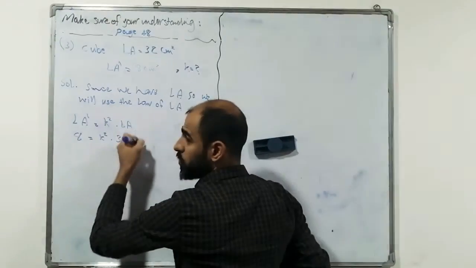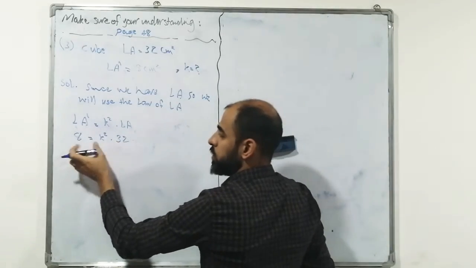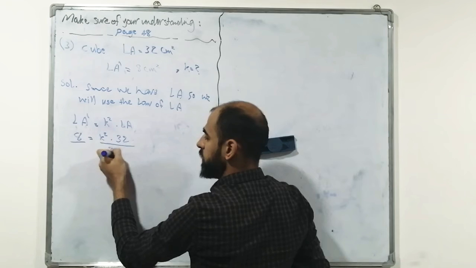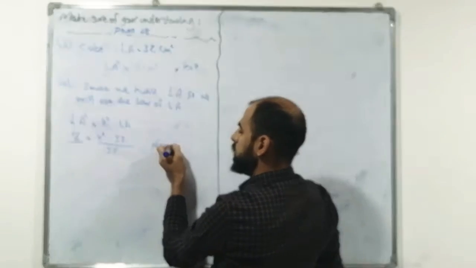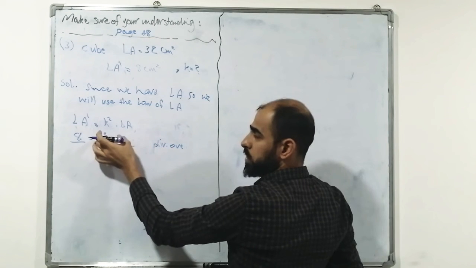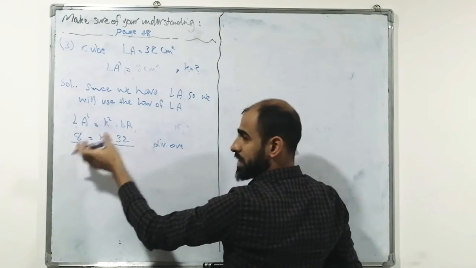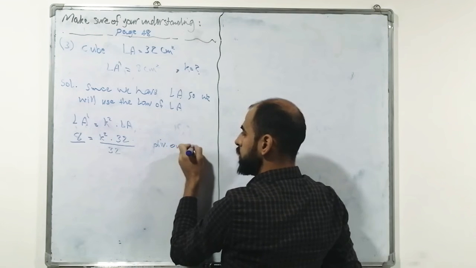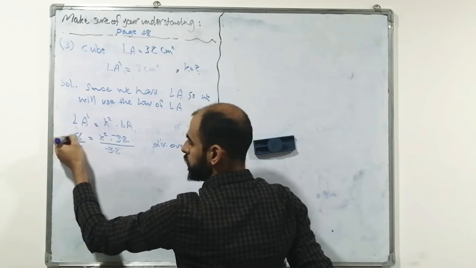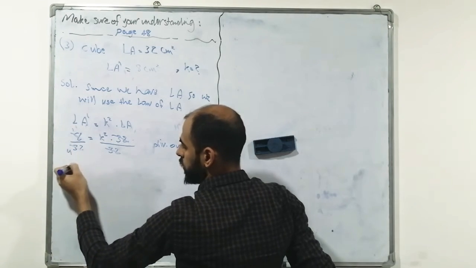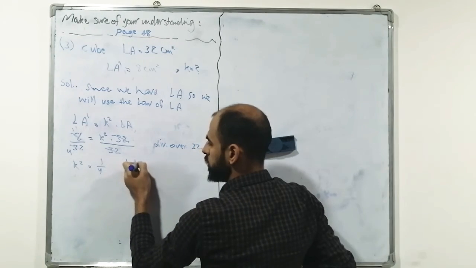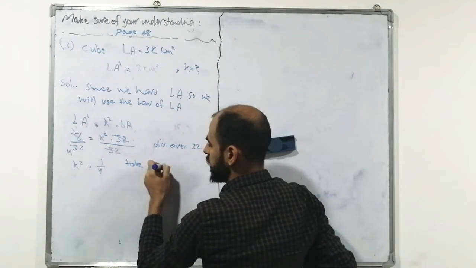Now since we have an equation, to find the variable we have to divide both sides over the coefficient of the variable, قسم الطرفين على معامل المجهول which is 32. Now 8 over 32 we have 1 over 4, so k to the power 2 equal 1 over 4. Now take the square root of both sides. Why?